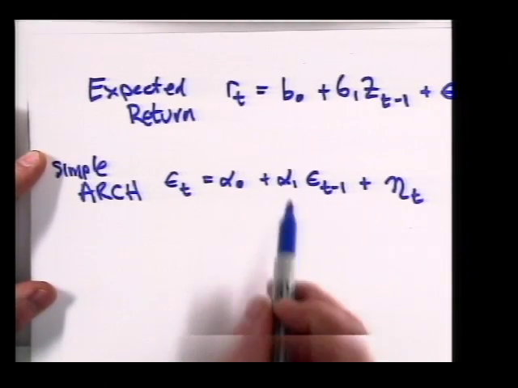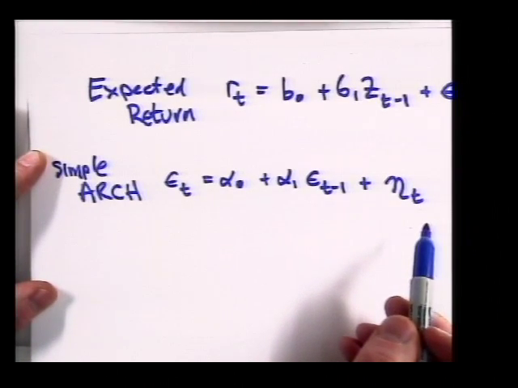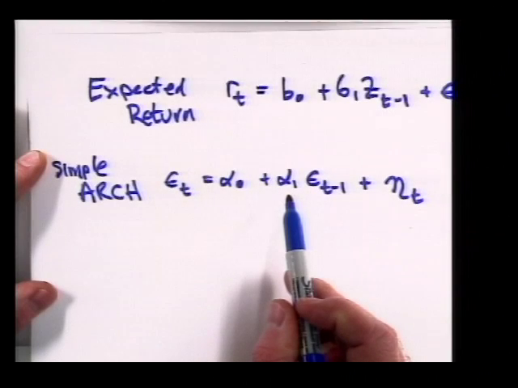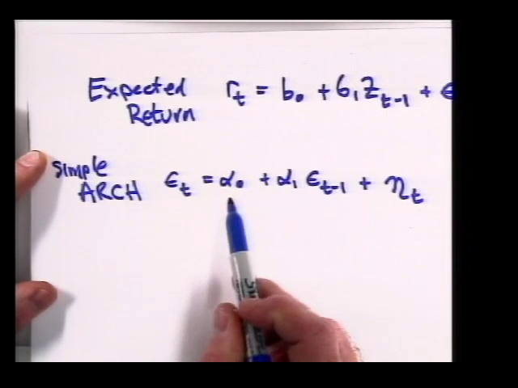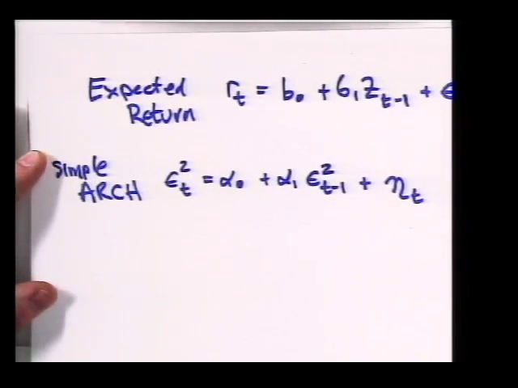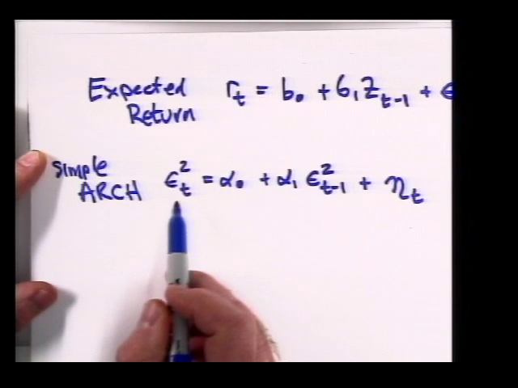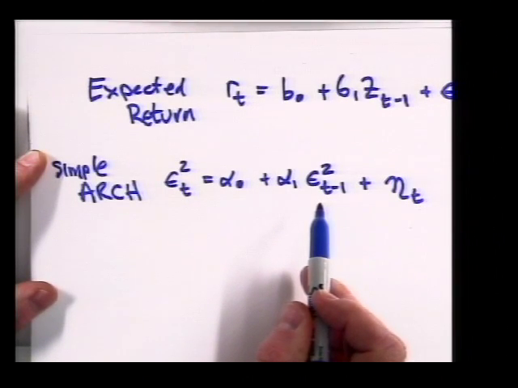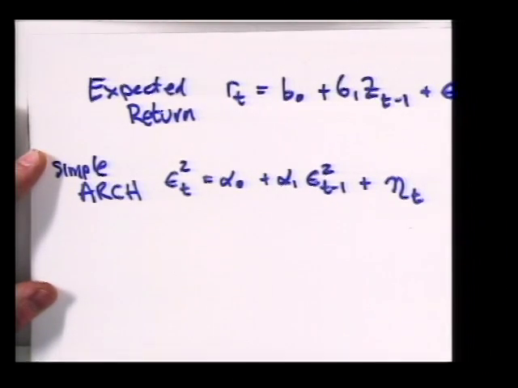And what is the R squared in this regression? Exactly 0. And the alpha 1 is exactly 0. Okay, alpha 0 is 0. What we can do is square these to give it some content. So we're taking the squared residual and regressing on the lag squared residual. Okay. And this is a simple model of conditional volatility.